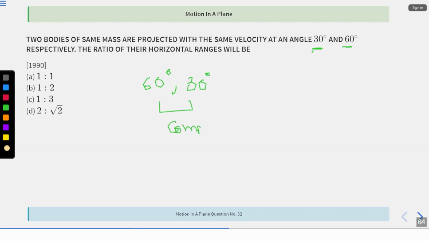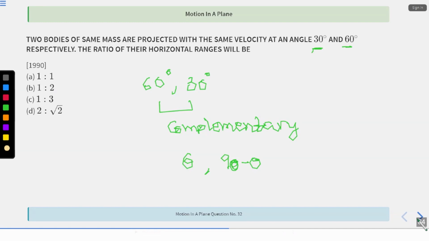What does complementary mean? Complementary angles are theta and 90 minus theta. In place of theta, if I substitute 60, I'll get 90 minus 60, that is 30. If I substitute 30, it will be 90 minus 30, that'll be 60.